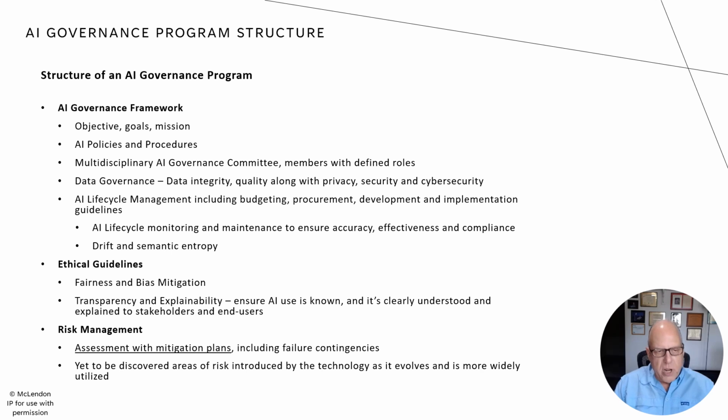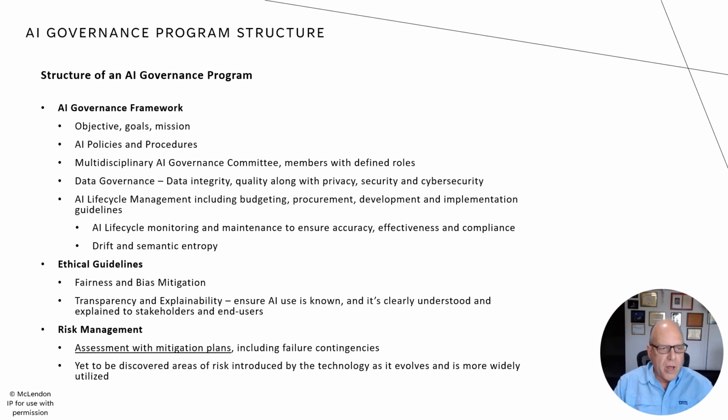Data governance, data integrity, quality, privacy, security, data security, or cybersecurity, all of that is governing the data so that we don't have inaccurate data, that we have valid data. AI lifecycle management. So there's a whole life cycle to AI, right? You've got to budget, procure, develop, implement.